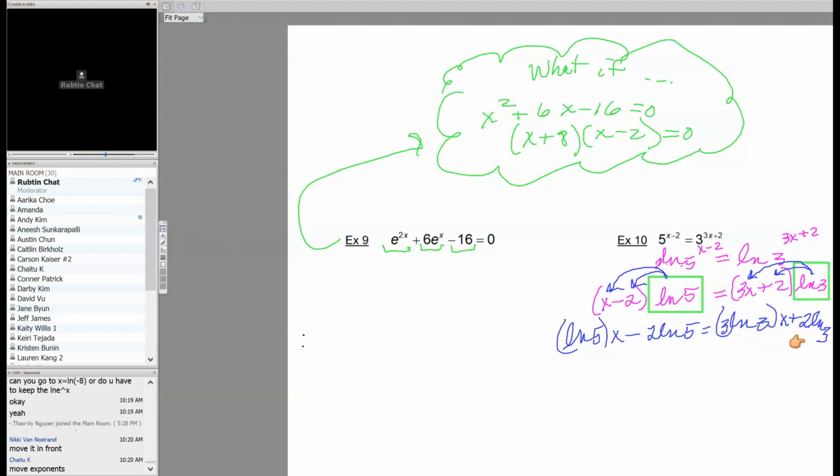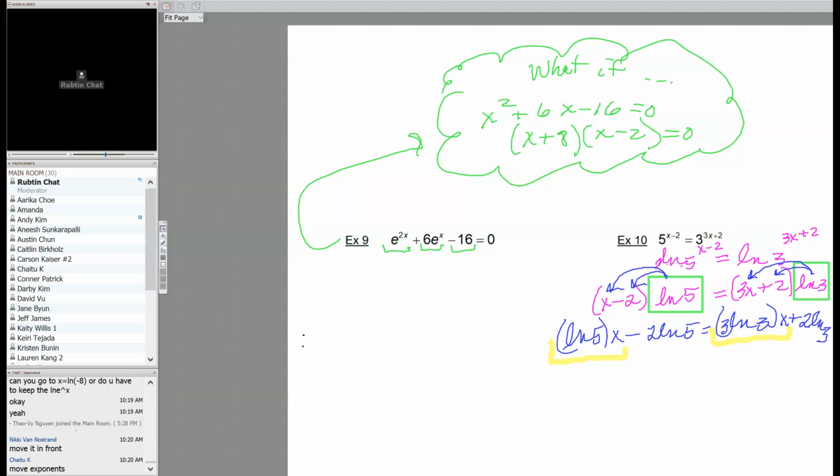And then I'm going to move all of the x's to one side, all of the numbers to the other side. So I'm going to take this and move it over to the other side. Okay, so this becomes, and I'm doing extra steps.